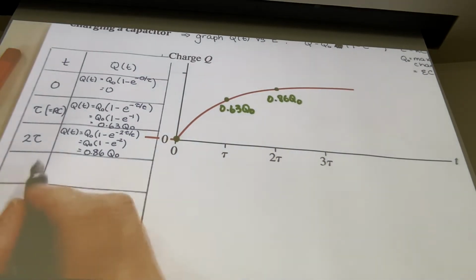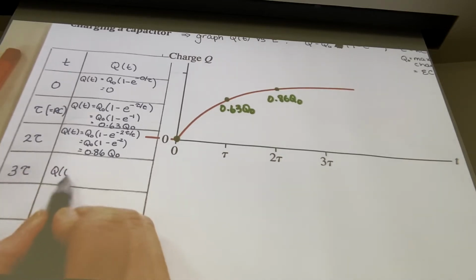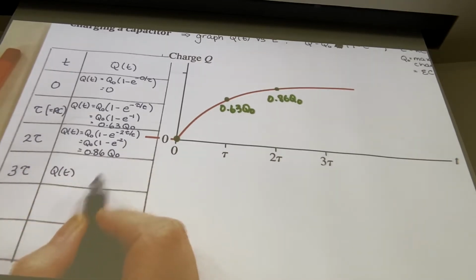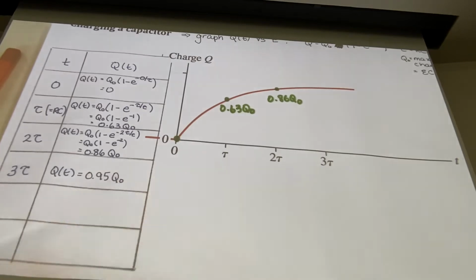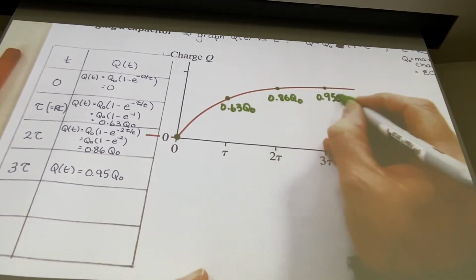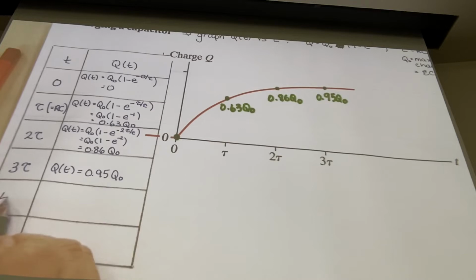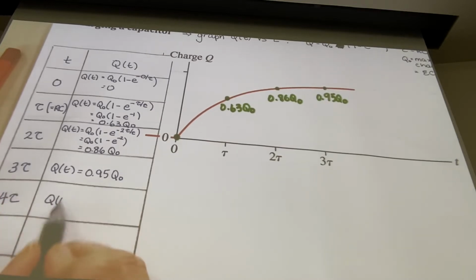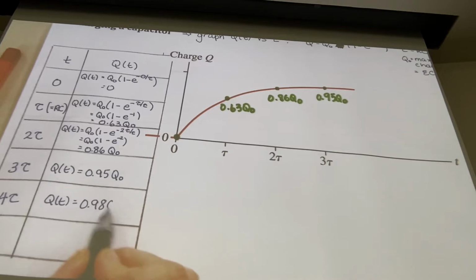Okay, 3 time constants. We're not going to do this all day. We get Q of t, I won't write in all these steps anymore, equals 0.95 Q0. Okay, next we'll do 4 time constants. For that one we get 0.98 Q0, so we're almost fully charged.